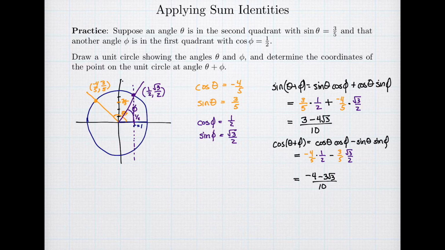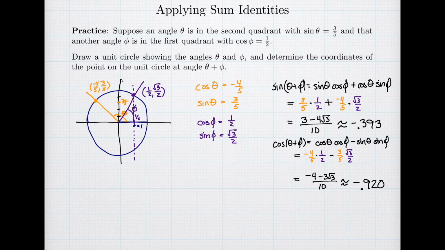All right, so now I have my coordinates. The angle theta plus phi, if I add these two angles, I need to figure out which quadrant I'm going to end in. If I use a calculator, I can get decimal values here. So my sine is approximately -0.393, and my cosine is approximately -0.920.